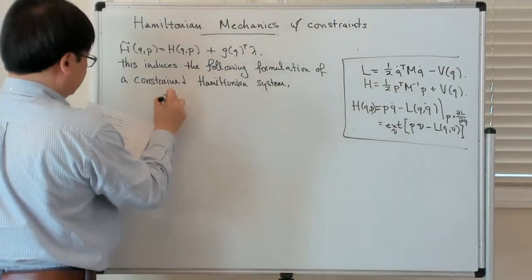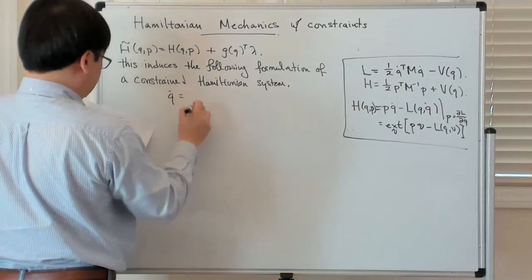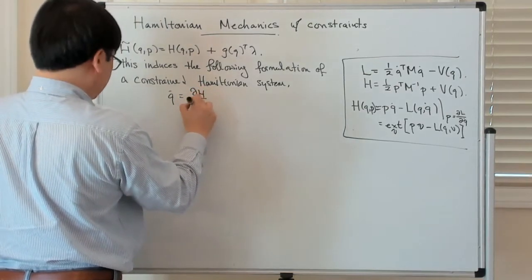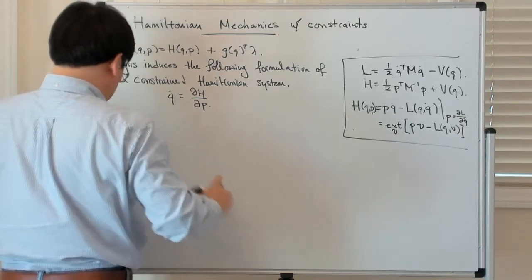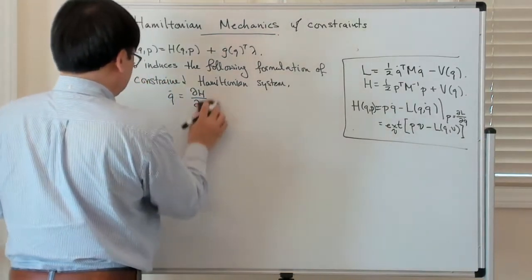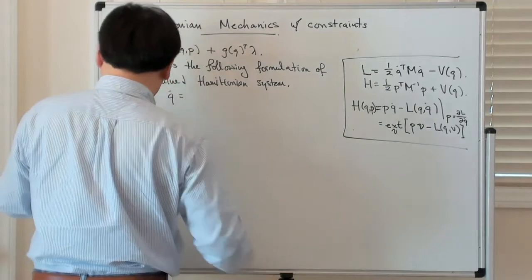Okay, so q dot is dH/dp, right? Maybe I should write this in terms of the gradient.